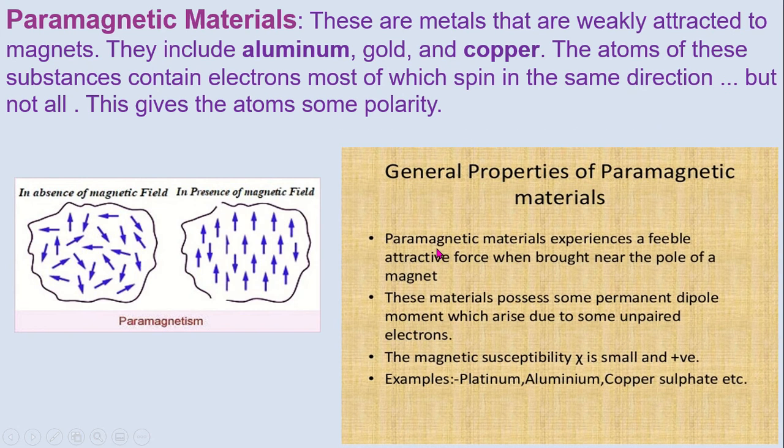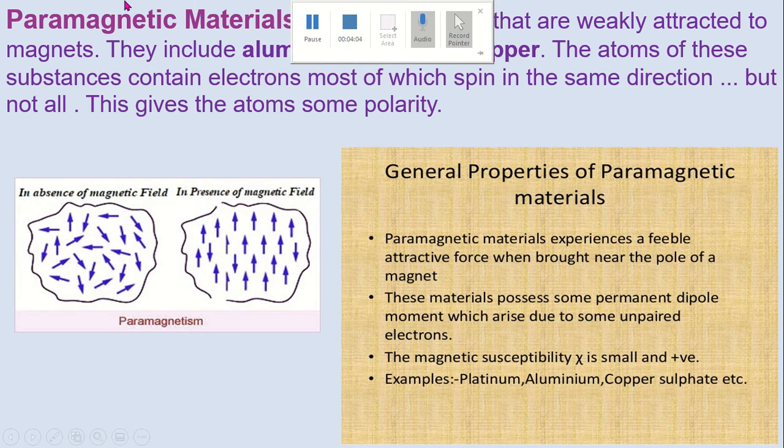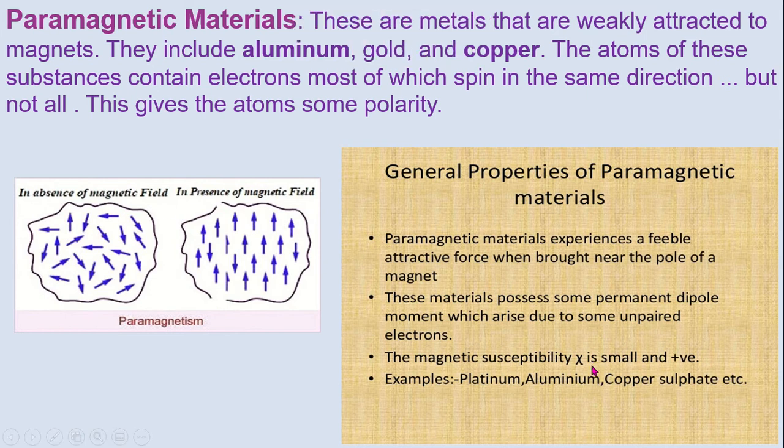So the properties of paramagnetic materials. Paramagnetic materials experience a feeble attractive force when brought near the pole of a magnet. These materials possess some permanent dipole moment which arises due to some unpaired electrons. The magnetic susceptibility, this symbol is known as chi, is small and positive.